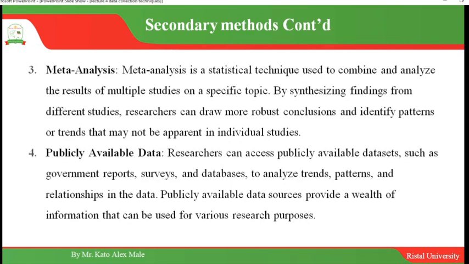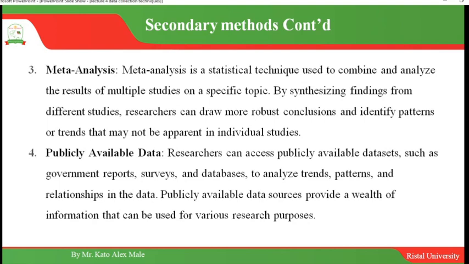Therefore, by synthesizing findings from different studies, researchers can draw more robust conclusions and identify patterns or trends that might not be apparent in individual studies. For example, like I've stated, contraceptive use. Someone might have written some information and it doesn't have a good background, or something was skipped.